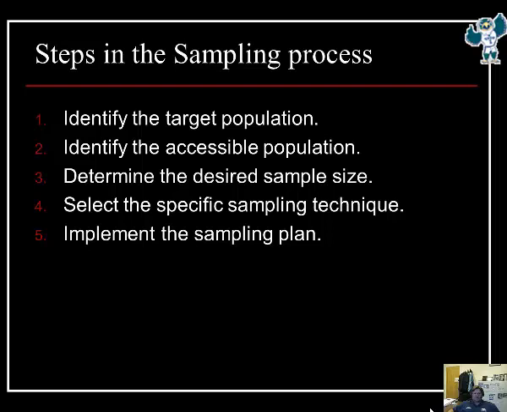Step 2, we have to identify the accessible population. Step 3, we have to determine the desired sample size. Step 4, we have to select the specific sampling technique, which is where we're going to move to in this lecture. And then number 5, we have to do it. We have to implement the sampling plan.